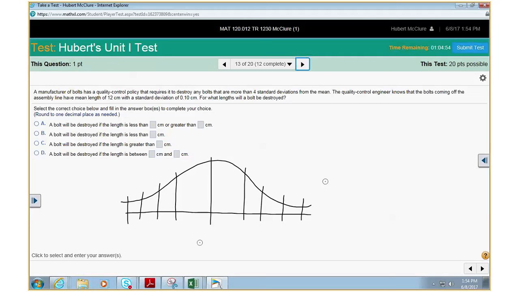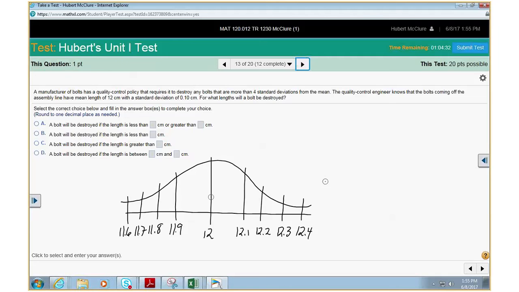12 centimeters. So that'd be 12.1, 12.2, 12.3, 12.4, 11.9, 11.8, 11.7, and 11.6.